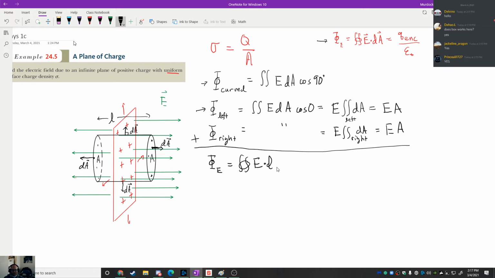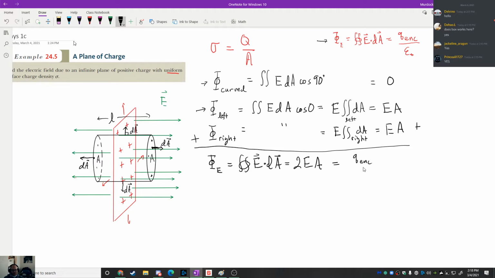However, we don't need to calculate this now because we've already done it. This is just going to be equal to the sum of 0 plus EA, right? So the total will be what? Just 2EA.